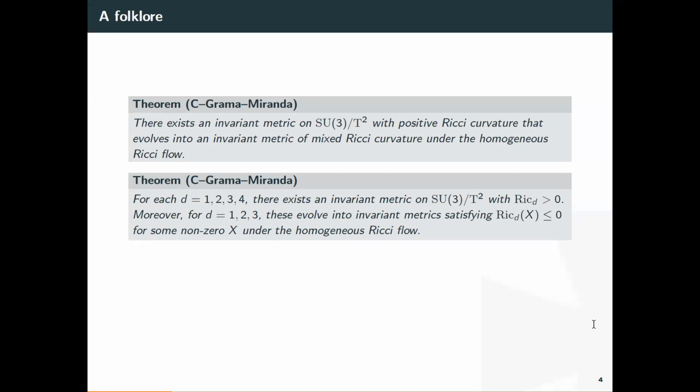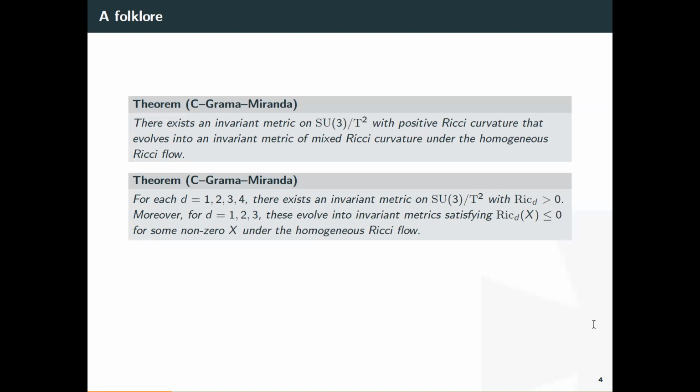And then if I took d equal to 5, that is the dimension of the manifold minus 1, then this Ricci d equal to 5 would be the Ricci curvature of the manifold. So here I'm varying strictly between positive sectional curvature, which I'm including, and positive Ricci curvature, not including it, because the first result tells us that we do know what happens about positive Ricci curvature. So let's understand what happens in this range between sectional curvature and positive Ricci curvature.